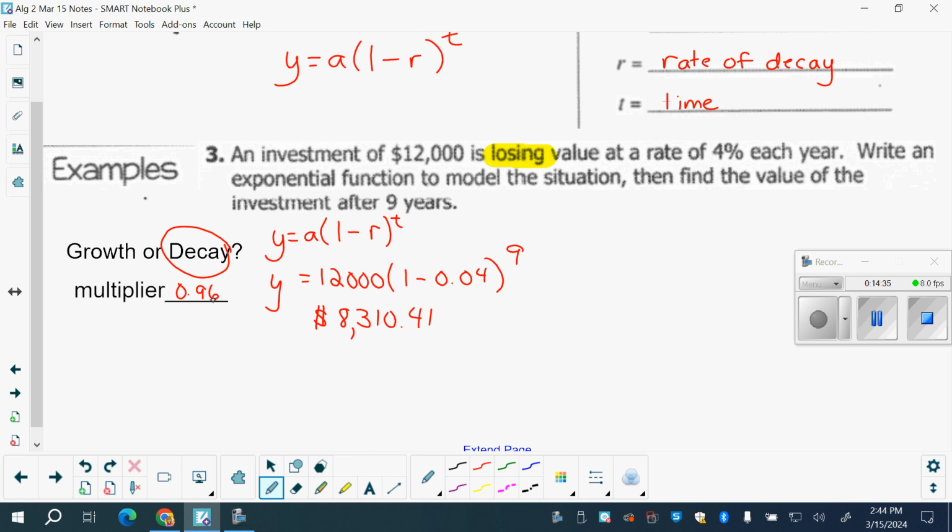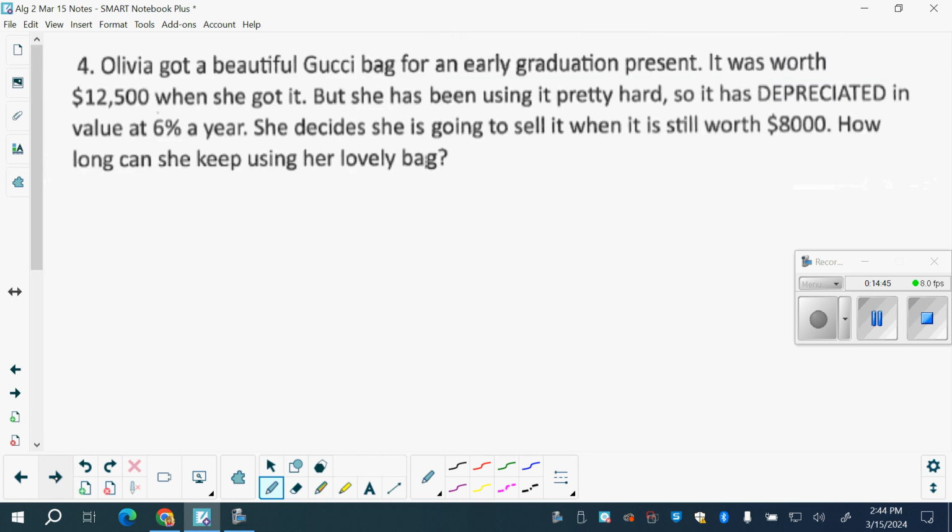So the multiplier is what you're multiplying by itself number of times. Yeah, so it's what's in that parentheses for these problems. That's simplifying it. Okay, last one.